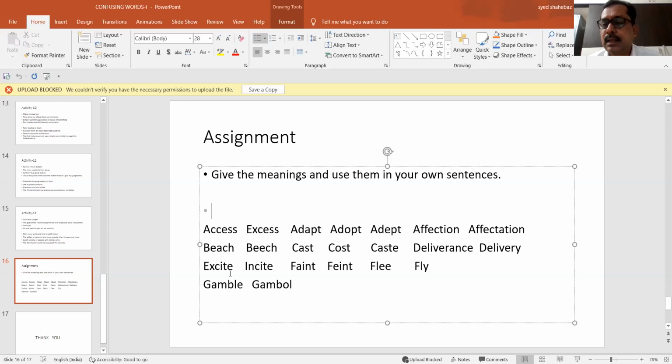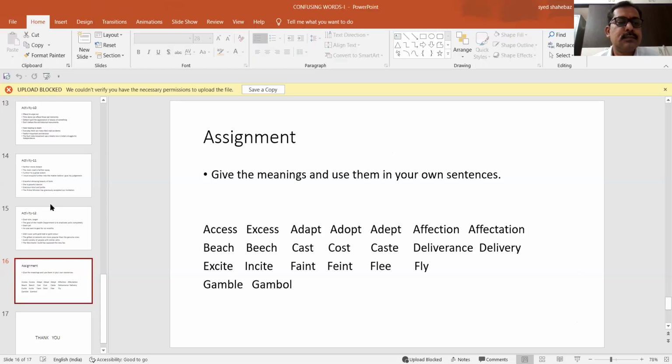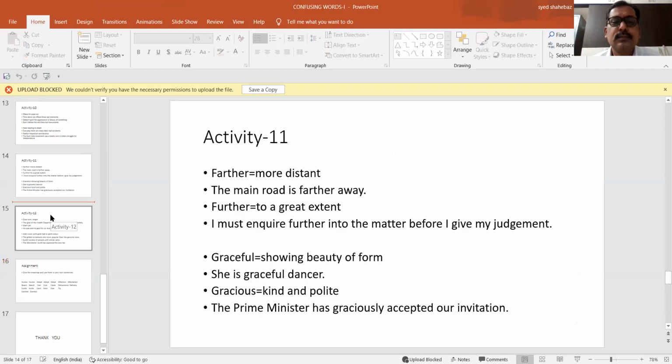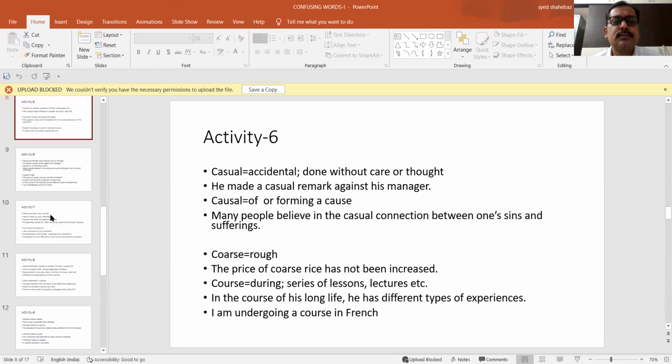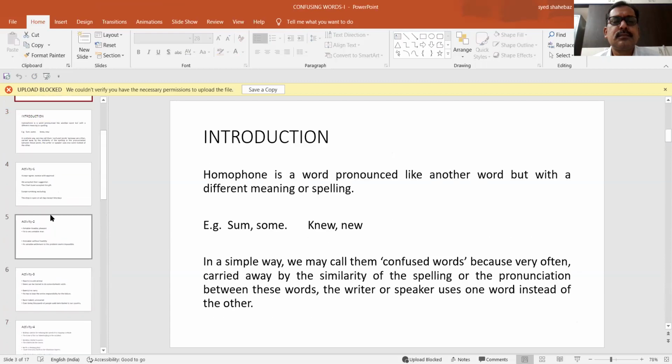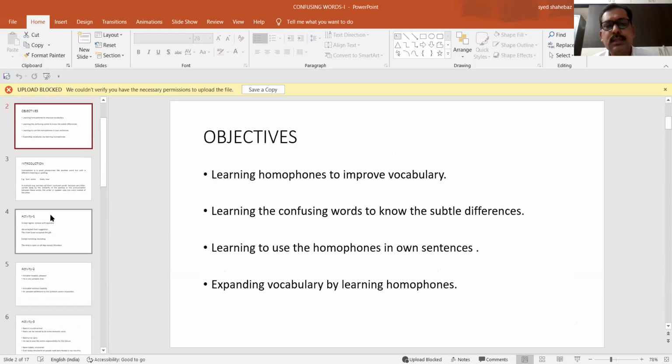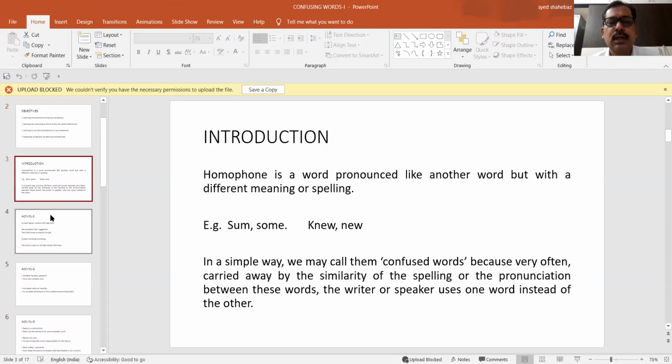So this is the lesson. Let us have a recap of this lesson. In the first place, we examined the four objectives of this lesson, and we have the introduction of the lesson.